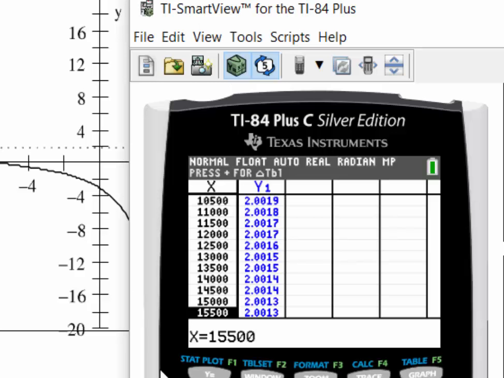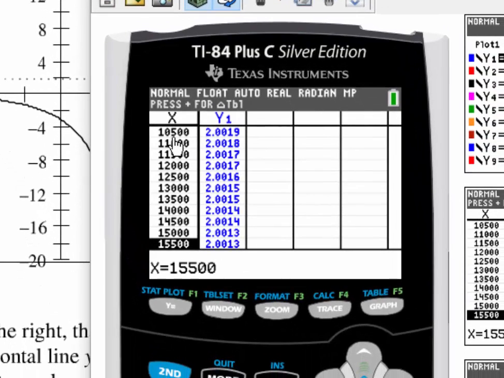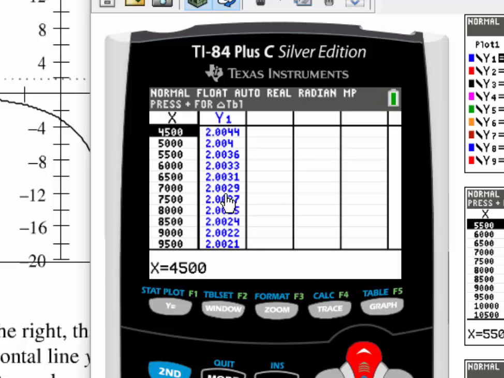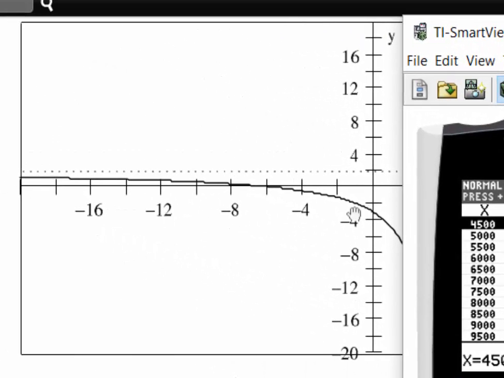So I go back to my graph. What happens if I make x really small? If I were to go the other direction, I keep pressing the up arrow. If I make x really, really small, meaning very negative, we're at negative 7,000, negative 6,000, and so on. Now you're going to see I'm going to be below 2, and eventually my graph's going to approach 2.